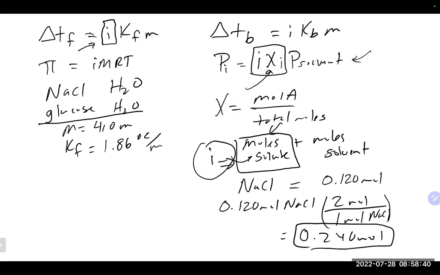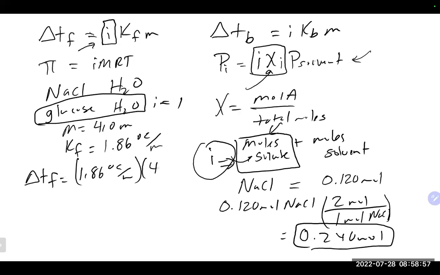So if we did it for glucose, where I would equal 1, since it's molecular and not going to break up into ions, our change in freezing point temperature would be 1.86 times 4, about 7.44 degrees Celsius.